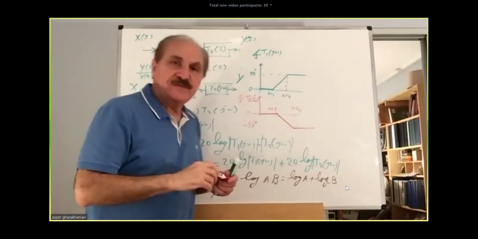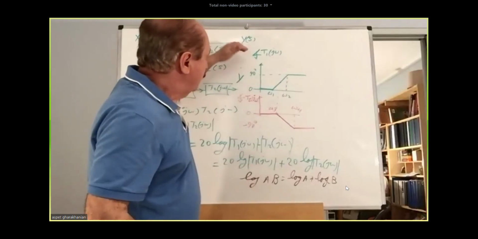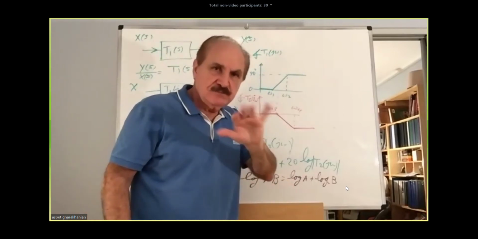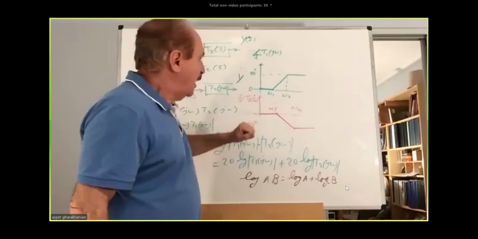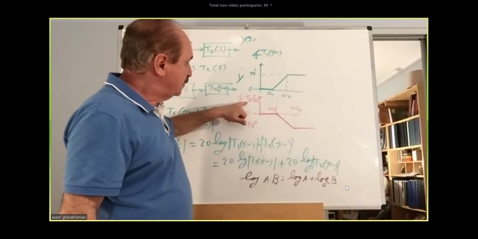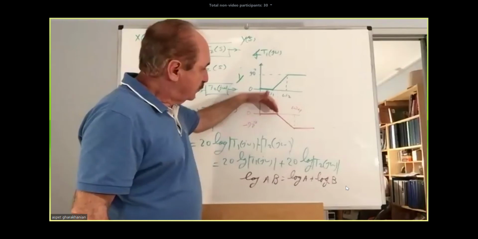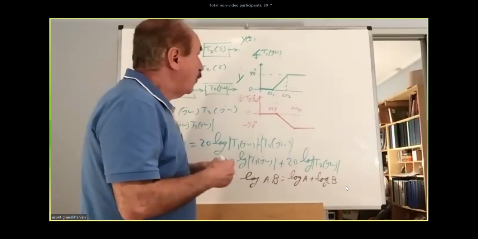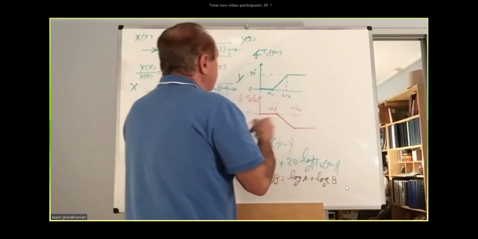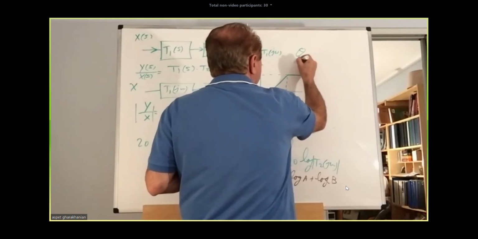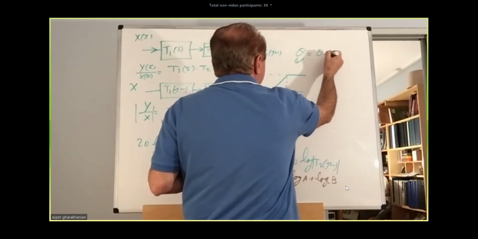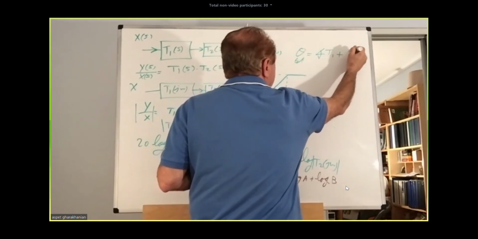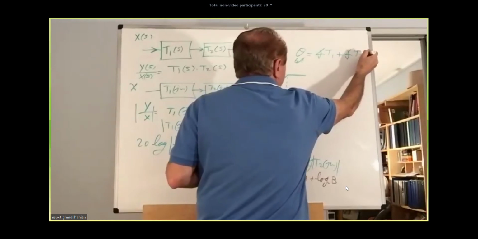Okay, so if you could present the angle of T1 of j omega with linear approximations like a three-piece line, and we could present the phase angle of function T2 with three segments, with the three line, then the overall angle theta total would be the angle of T1 plus the angle of transfer function T2.